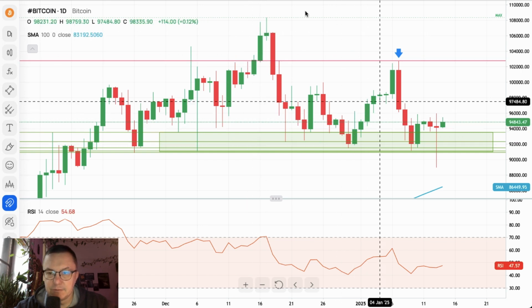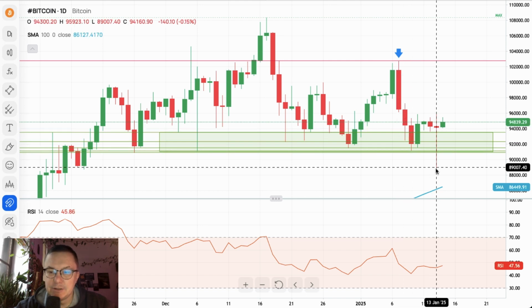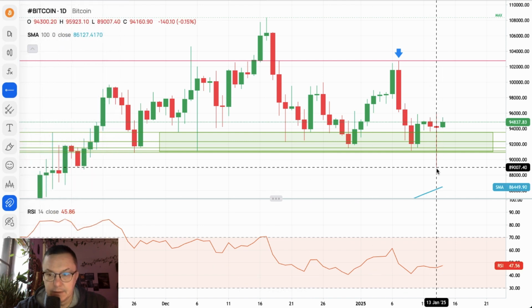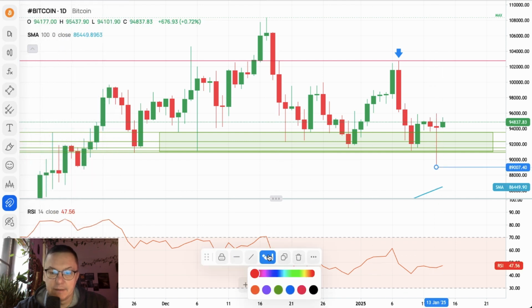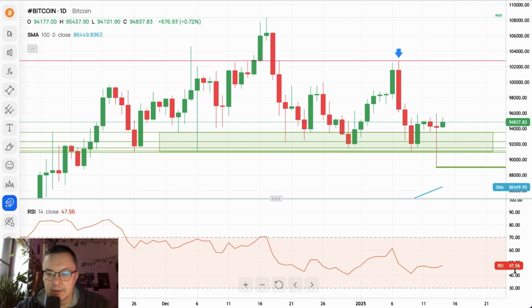Right then, when we bounced, we produced the level of 102,698, and just yesterday we went as low as the level of 89,007. So that's the technical support for sure. And now we left a big wick to the downside.